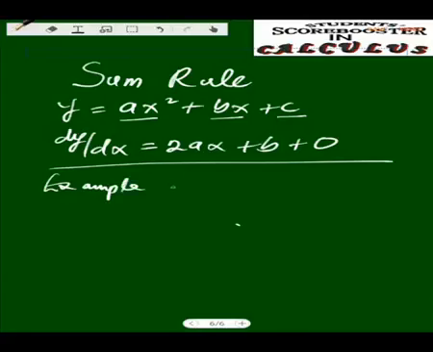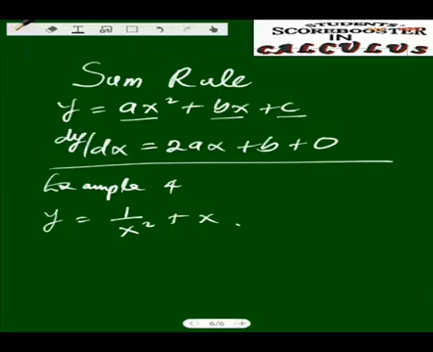This will be example number 4 now. Let's say you have y is equal to 1 over x squared plus x. So how do you differentiate this one?